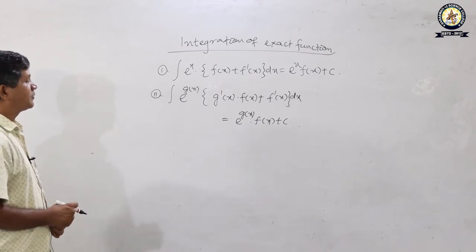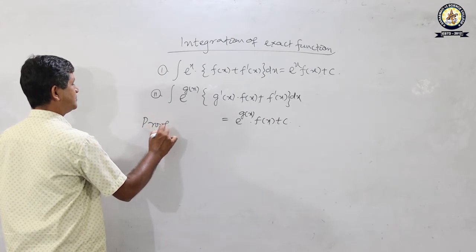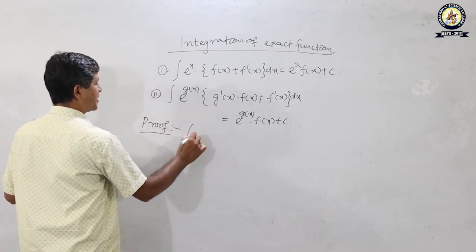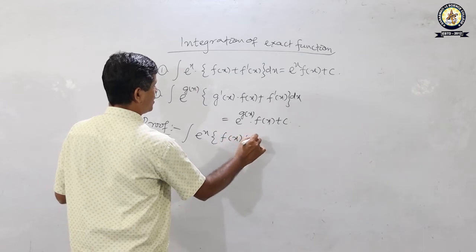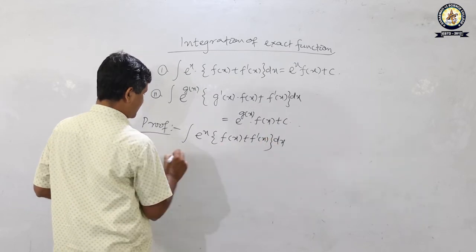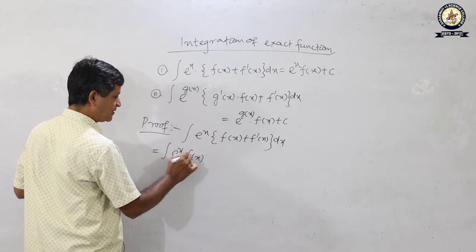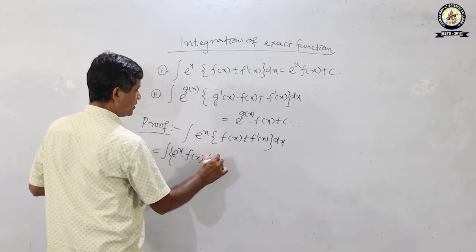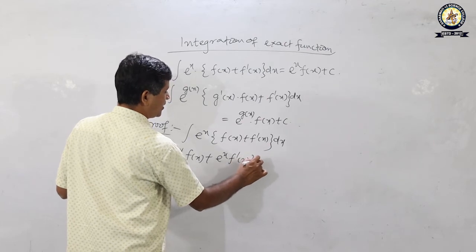How to prove this type of question? Look at its proof. Integration of e to the power x into f of x plus f dash x into dx is equal to the integration of e to the power x into f of x plus e to the power x into f dash x into dx.